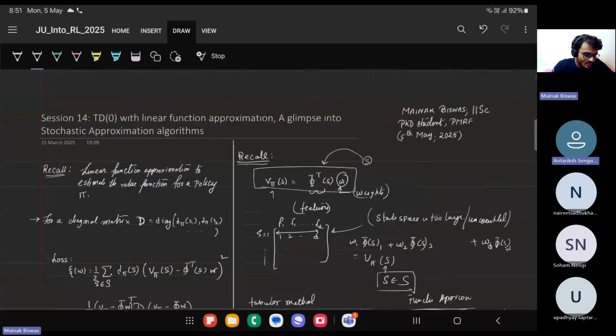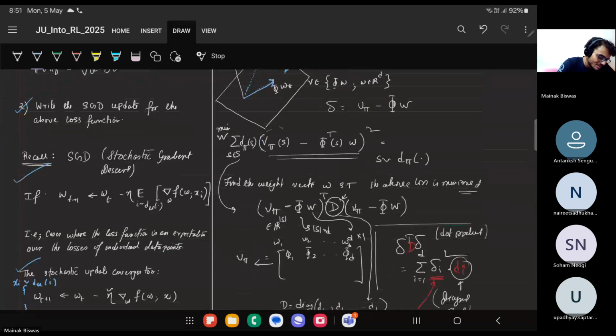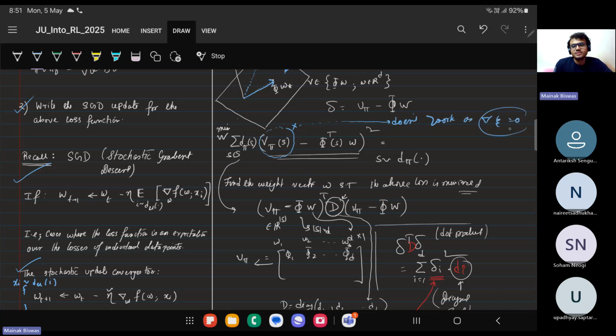So why not replace it? You cannot, because if you replace this, it becomes 0, right? This replacing does not work, as the gradient becomes 0. There's no learning that will happen.